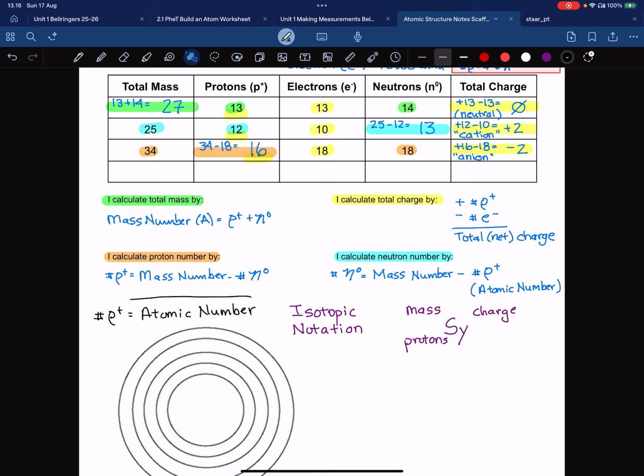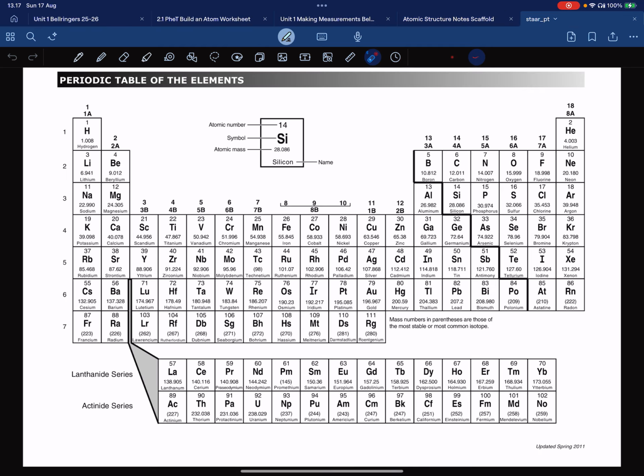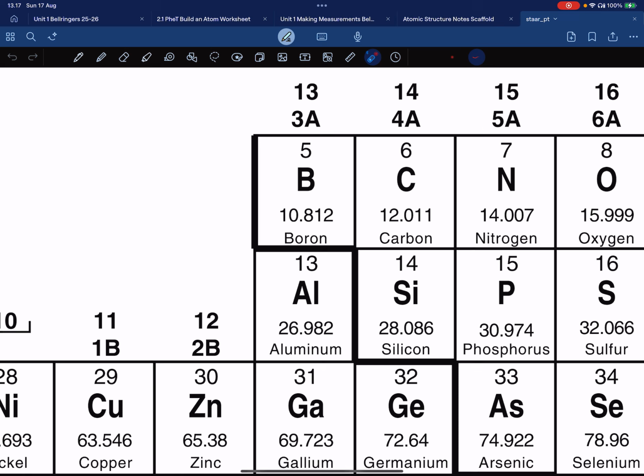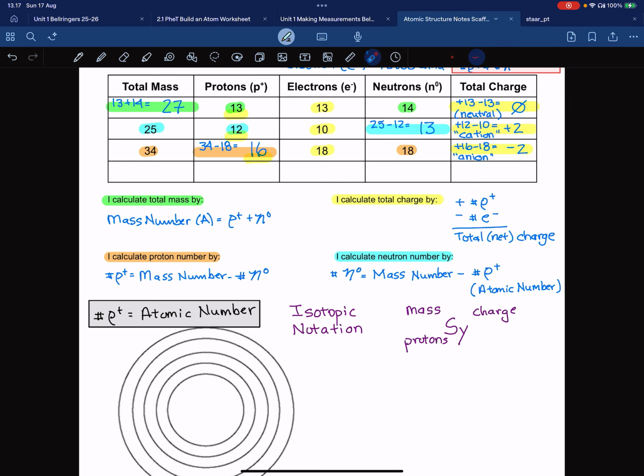That is how we tell what kind of element we have. This particular one had 13 protons, right? So I'm going to go to my periodic table and look for the element that has an atomic number of 13, and that is aluminum.